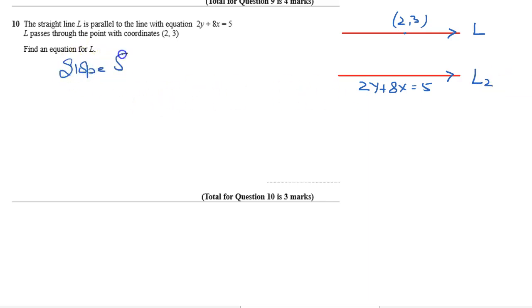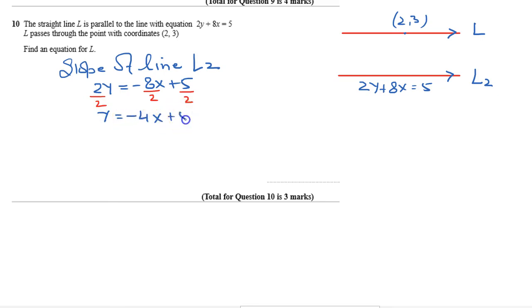So the slope of line L2. We make y the subject. 2y is equal to minus 8x plus 5. Divide both sides by 2. So y will be minus 4x plus 5 over 2.